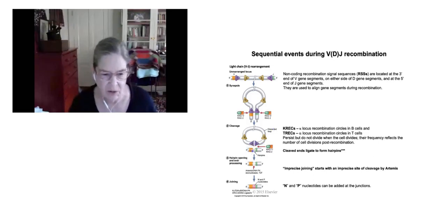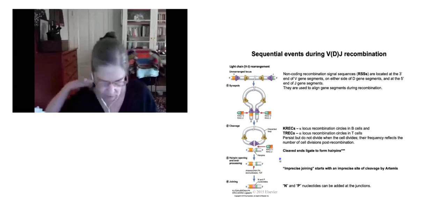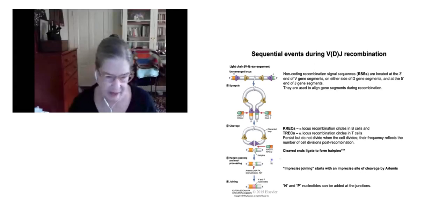And then also what happens is the ligation happens at either end, because remember this is DNA, so it's got 2 strands, creating these hairpins. And here's the crazy, weird thing that happens. By the way, this whole system was stolen by retroviruses, God knows how long ago. So this is where the imprecise joining happens here.